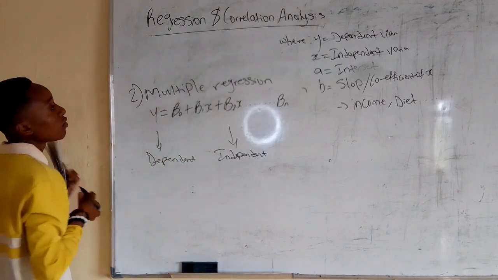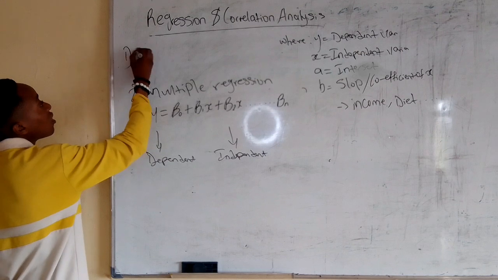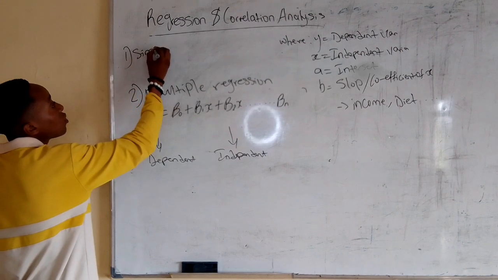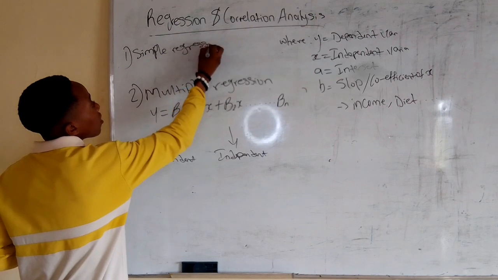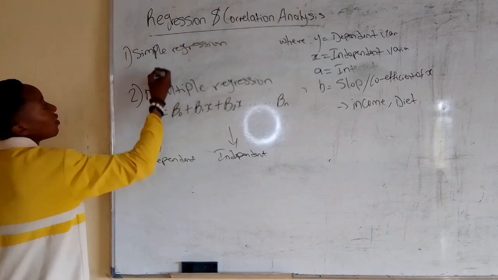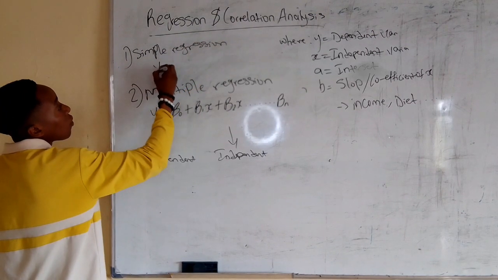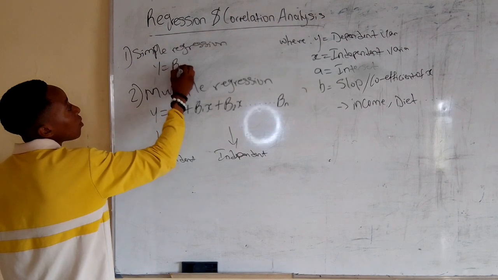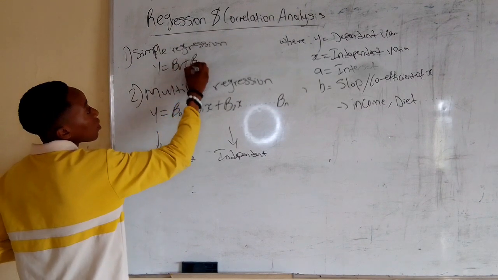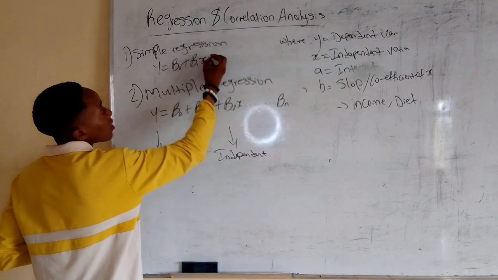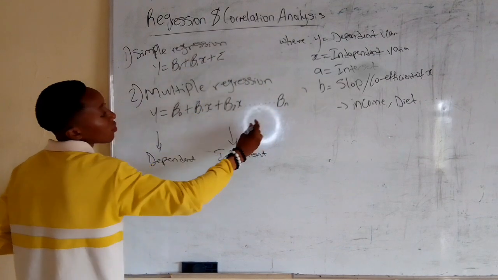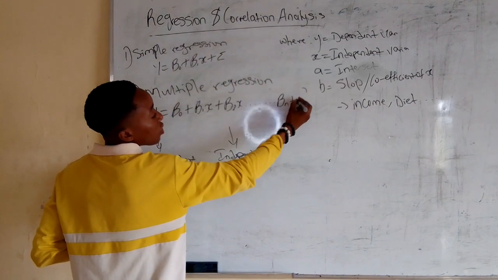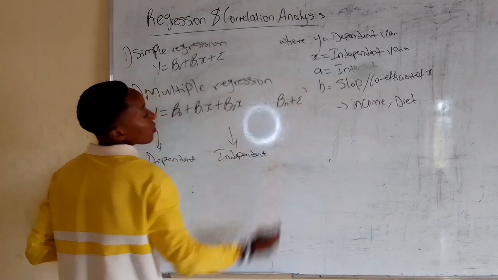For the formula for simple regression, y equals beta naught plus beta 1x, we also have our error term. For multiple regression, we also have the same error term.